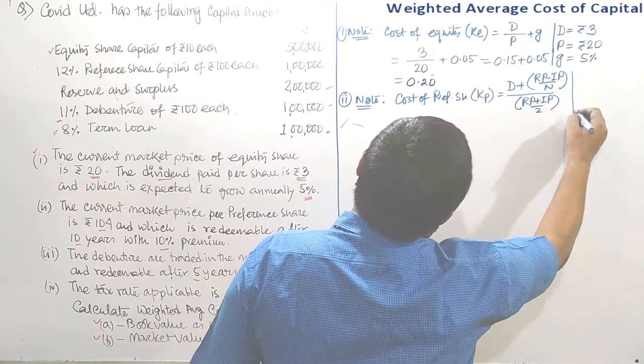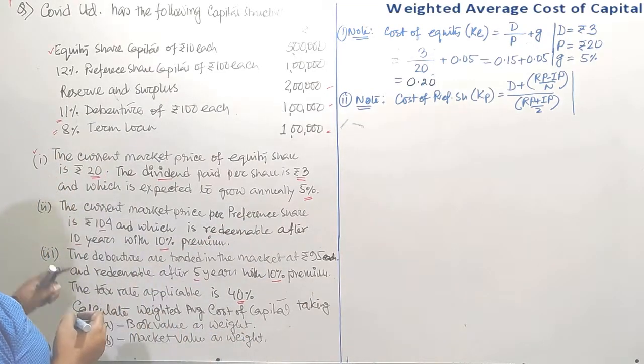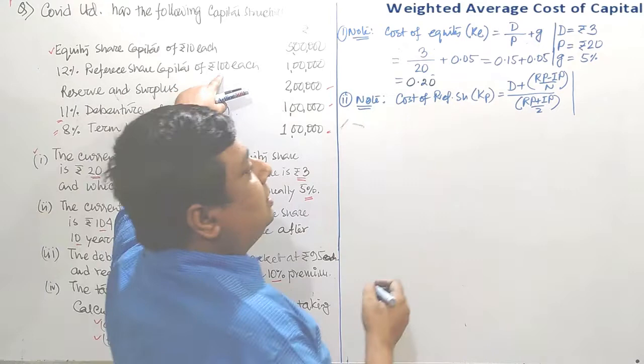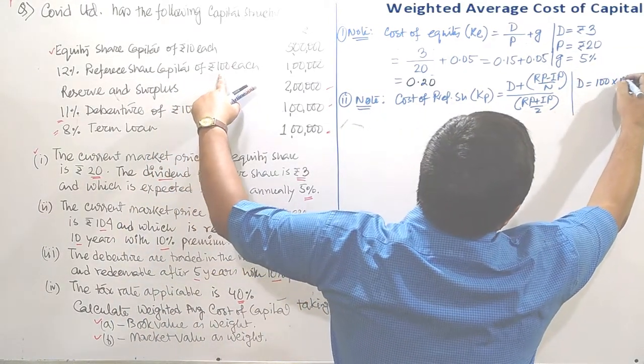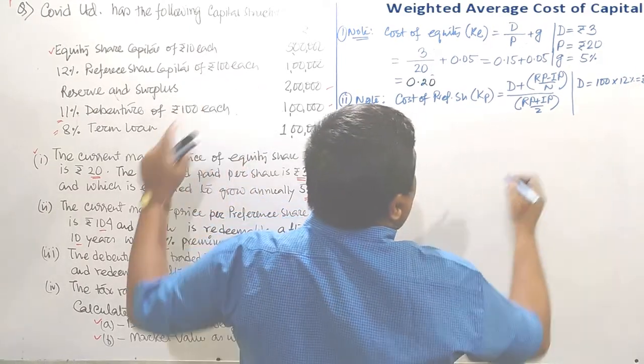One by one, let me jot down the data. D stands for dividend per share. It is a 12% preference share of 100 each, so D is basically 100 into 12%, which is rupees 12.